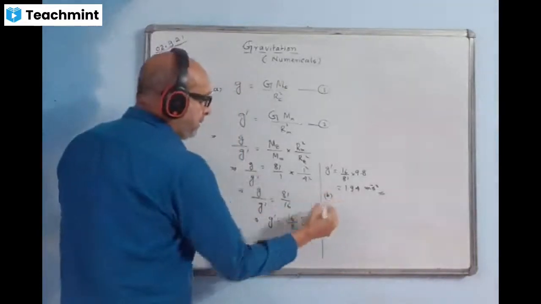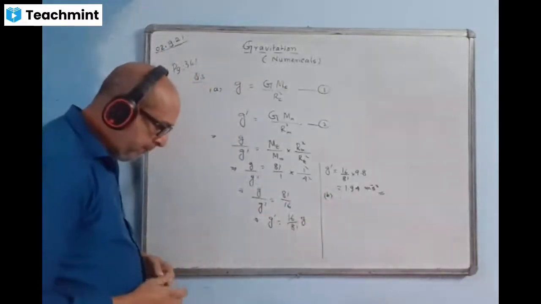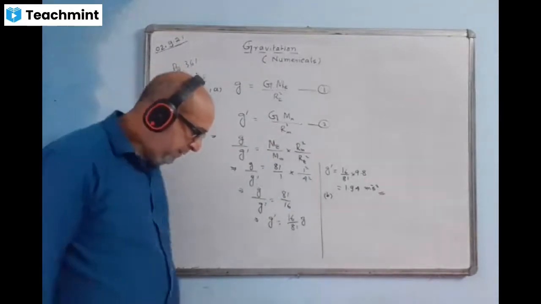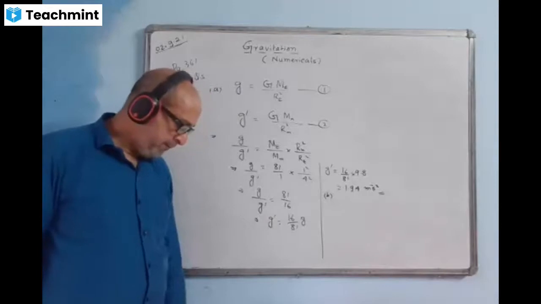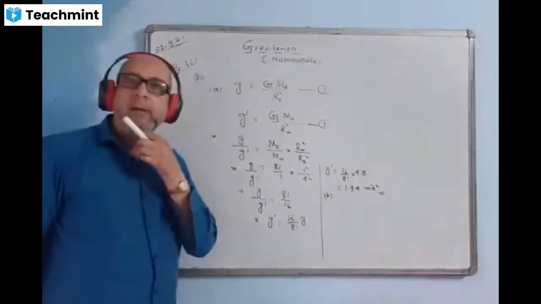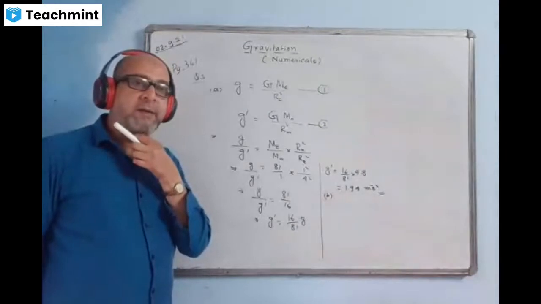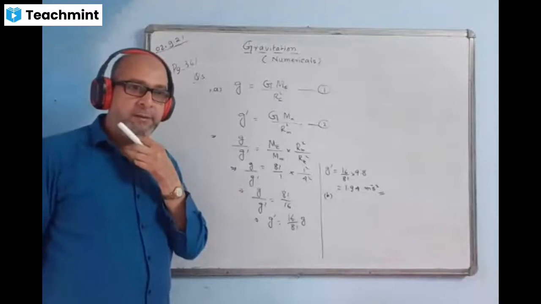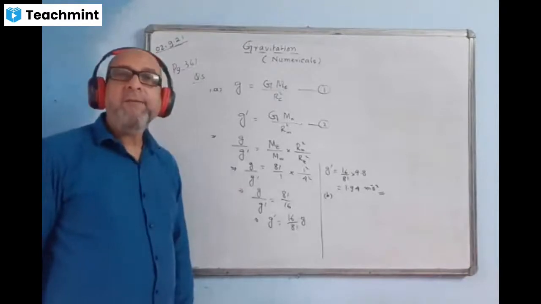Now part B. We'll do part B now. What will be the weight of the body on the moon if it weighs 10 kg weight on the earth? Okay. Weight is given as 10 kg weight. We'll find mass.